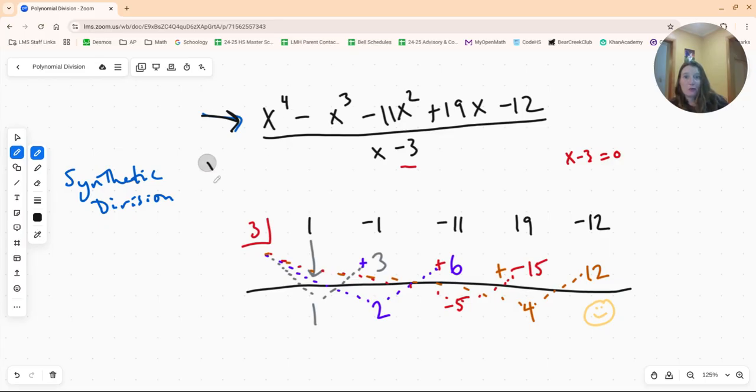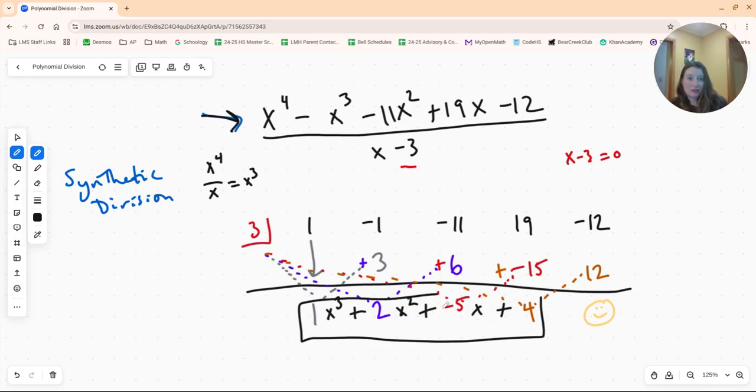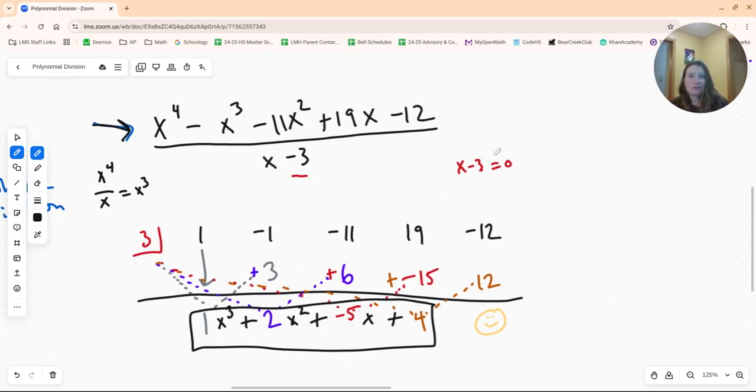I had x to the fourth, and I divided out an x term, so I am going to end up with an x cubed polynomial: 1x cubed plus 2x squared plus -5x plus 4. That is my quotient. That's my answer. This polynomial division equals x cubed plus 2x squared minus 5x plus 4. The end.